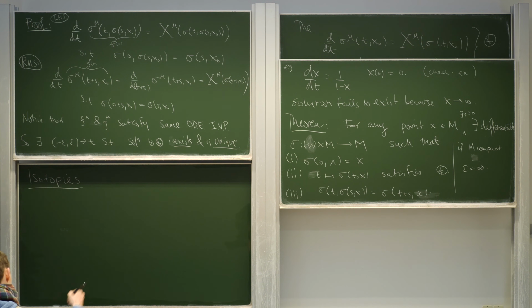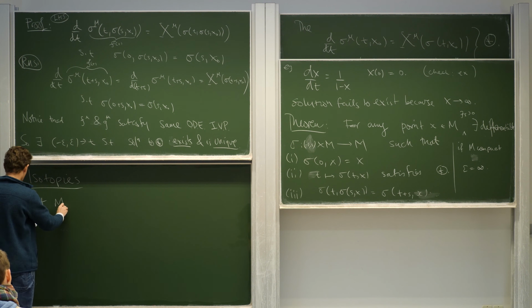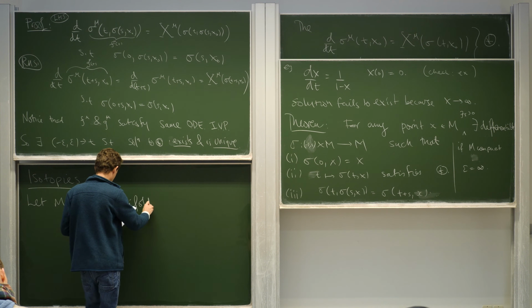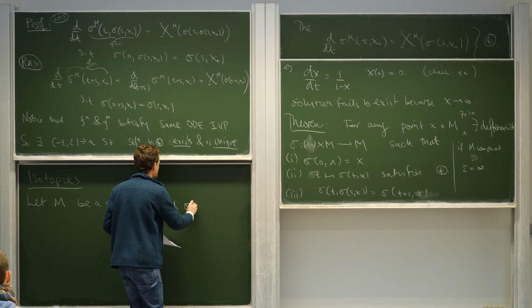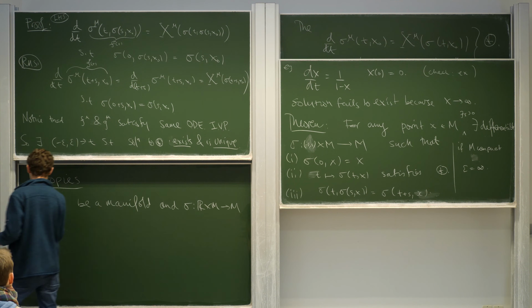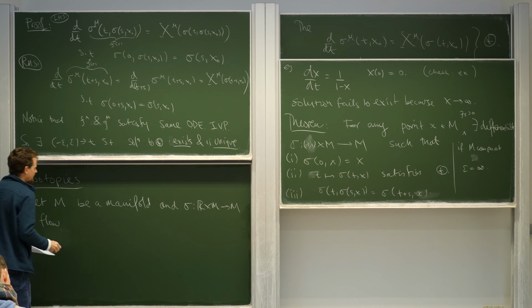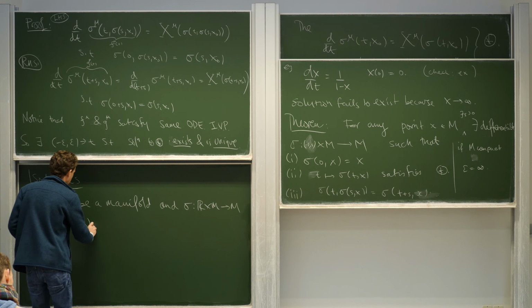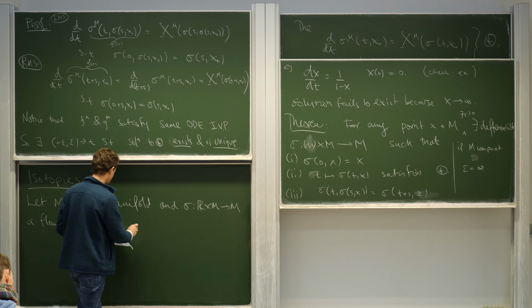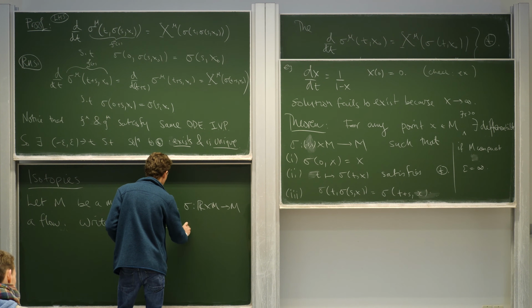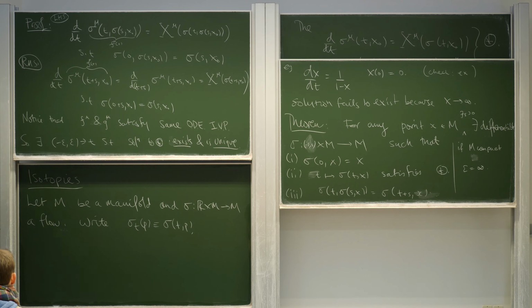Okay, there's a special class of flows that we're going to come back to occasionally. It's called isotopies. So suppose we have some kind of flow for some vector field X. We'll just say a flow. I won't tell you what the vector field is. Then we're going to give a special name to this flow if it has a certain property. So first of all, let's just set some notation.